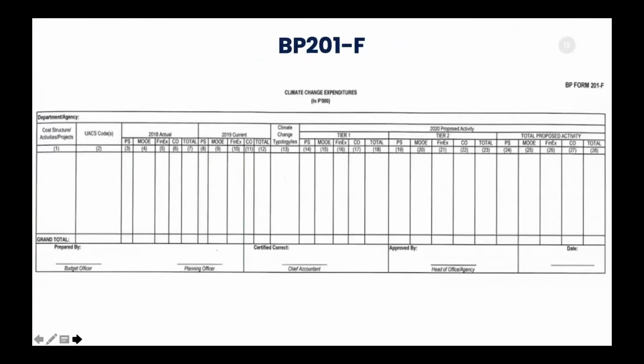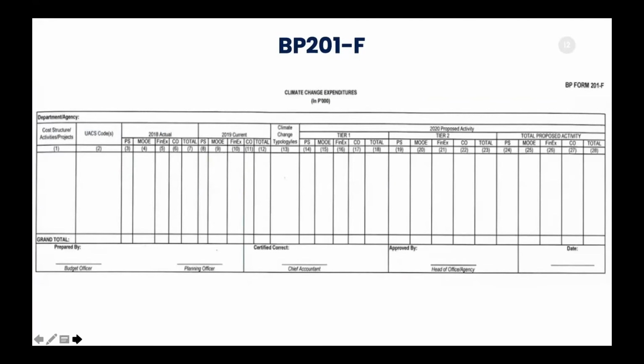So you have specific typology codes for each activity. So this is just a sample of the BP201F form, no? That the agencies usually submit to the DBM. So you only submit the BP201F if you have a climate change tag PAP.